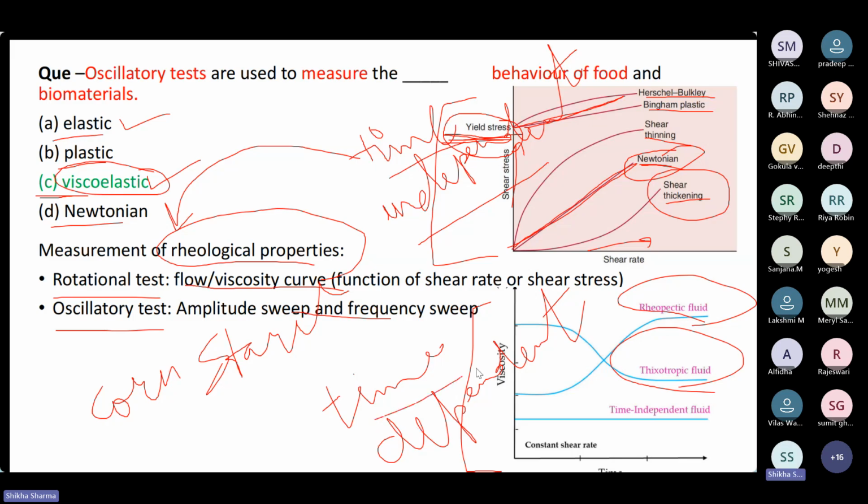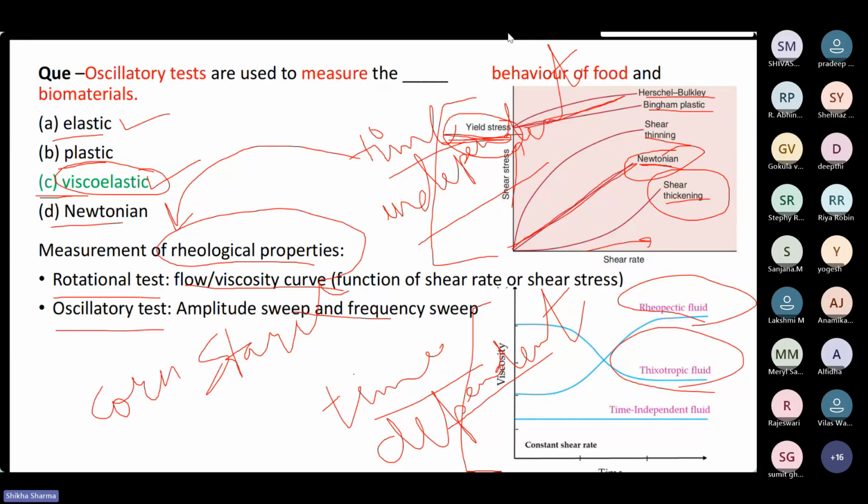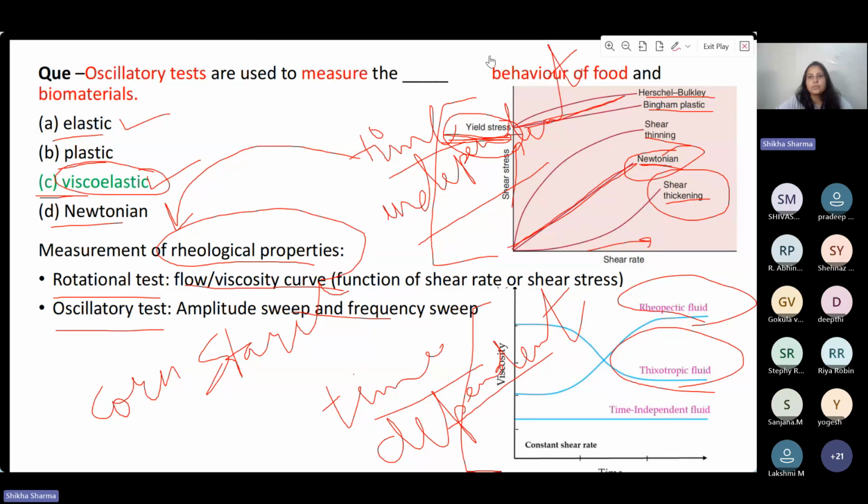The second is time dependent behavior. Here time is in the picture, so with respect to time, how much is the viscosity changing? So that's why these two are different graphs. Is it clear, Shivaswamy? Can we move to the next question?